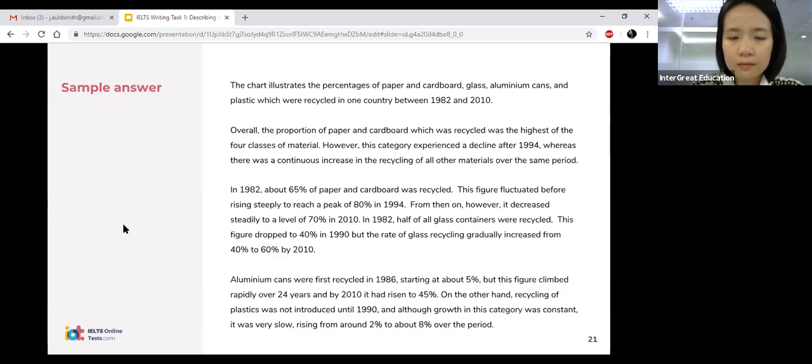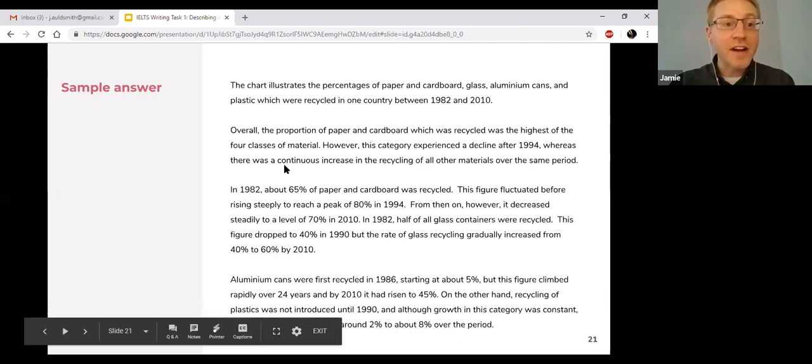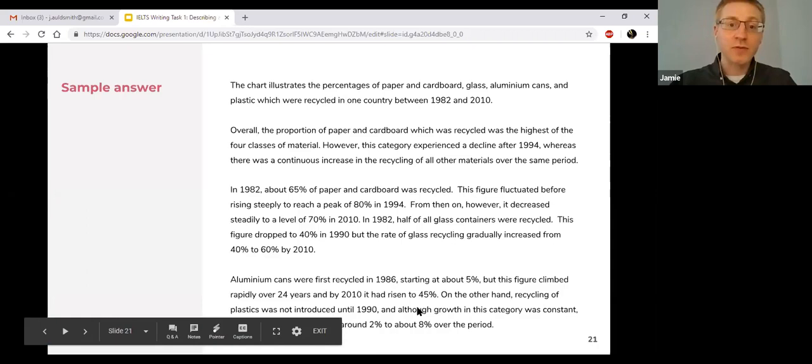You can see in my sample answer, this is a very strong sample answer, and there is no conclusion. The summary of the main points is presented in the overview in paragraph 2. So there is no need to repeat yourself writing a similar summary, as you've already done that.